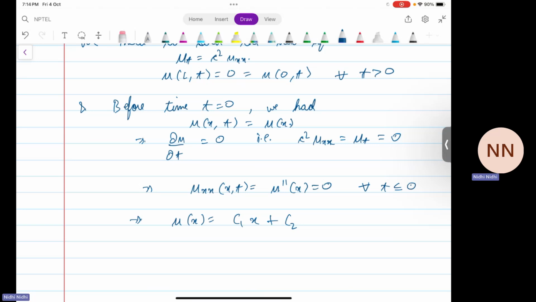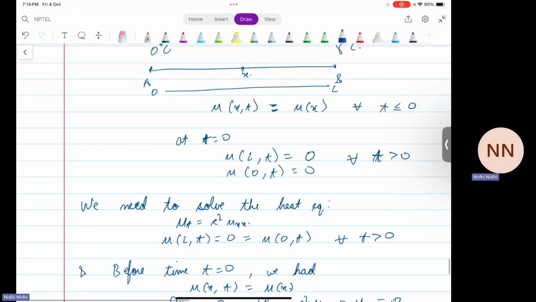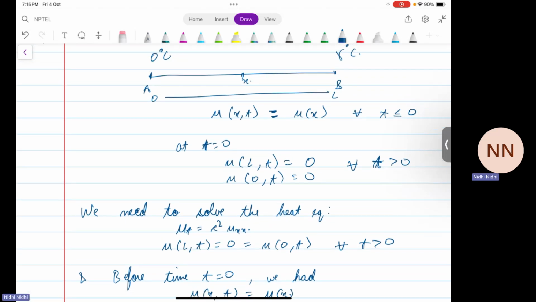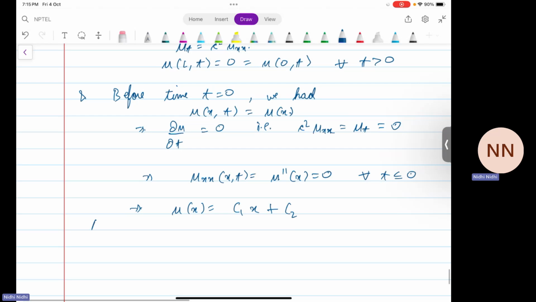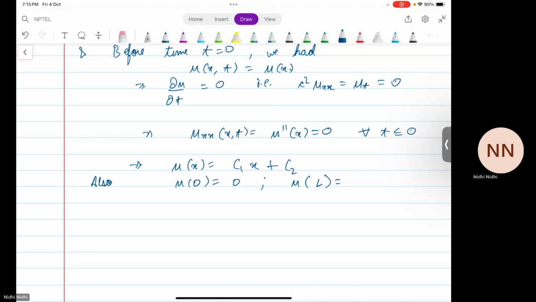Now also initially we had u at point 0 is 0 degree Celsius, and u at L, at point B, the temperature was gamma. So from here we get 0 is equal to u(0), which is equal to c2.